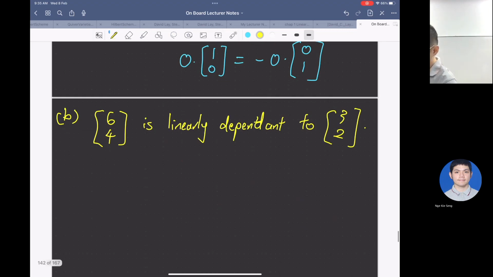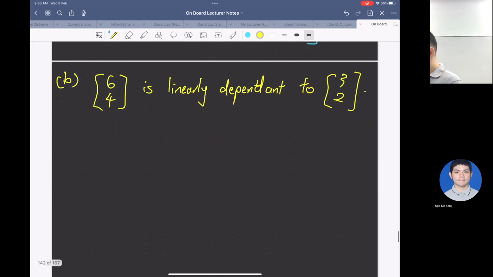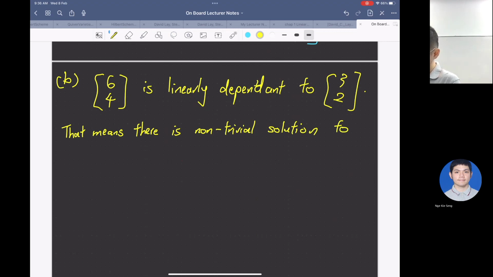That means there is a non-trivial solution to C1 times (6, 4) plus C2 times (3, 2) equal to 0.